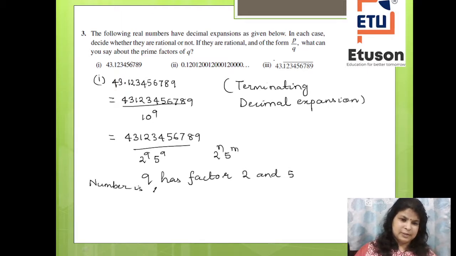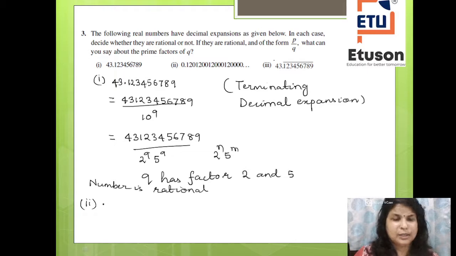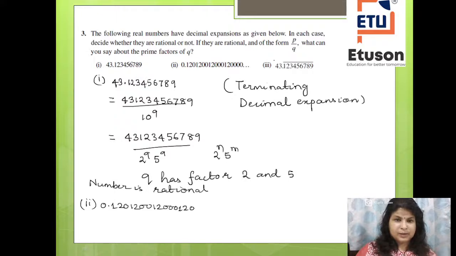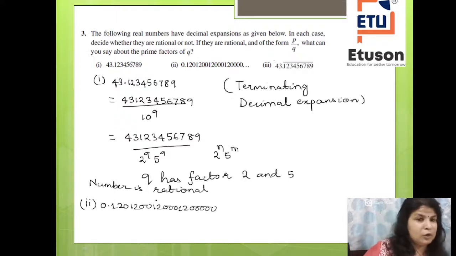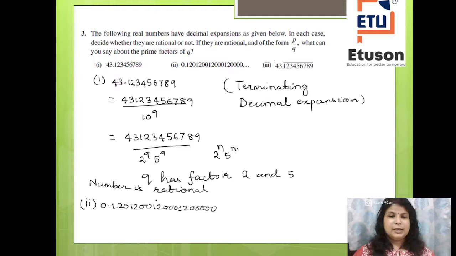The number is rational. Now in B2 you don't have to do much, the question itself tells you. What you can observe is that it is continuous, there is no repeating number, the number series keeps on changing. So it is very clearly neither a terminating decimal expansion nor a recurring one.